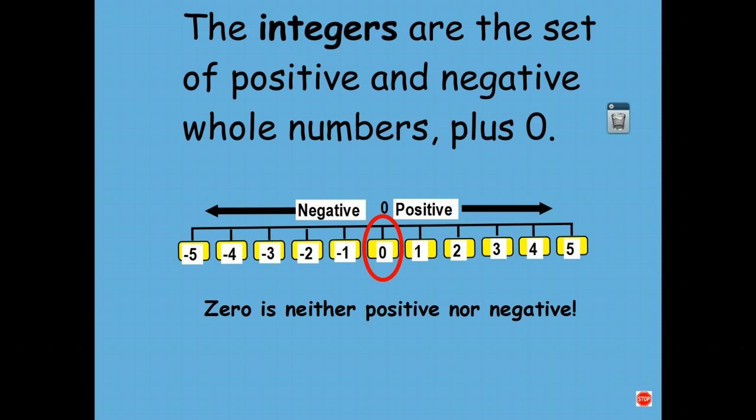So just to summarize, on a number line, zero in this case is in the middle, negative numbers go to the left, negative 1, negative 2, negative 3, and so on. Positive numbers go to the right, 1, 2, 3, etc. And 0 itself is neither positive nor negative.